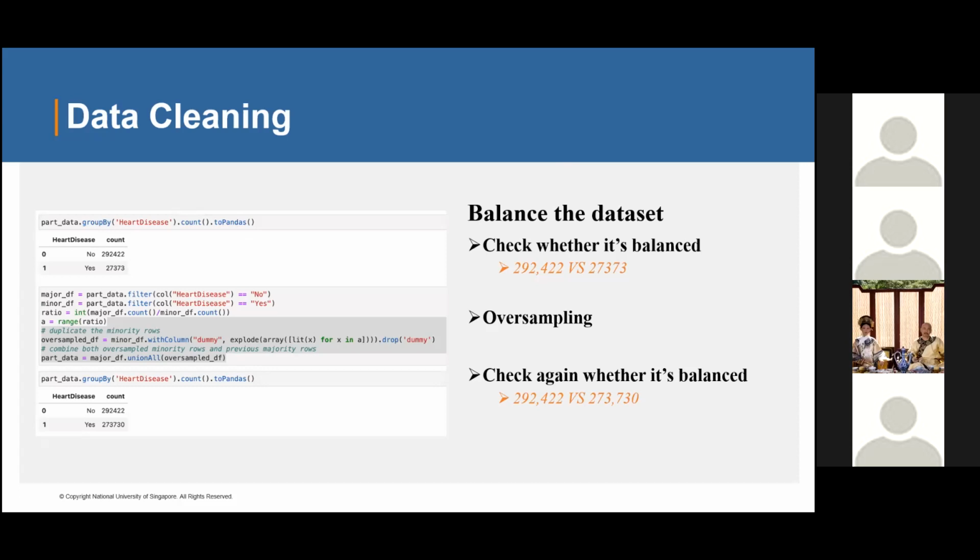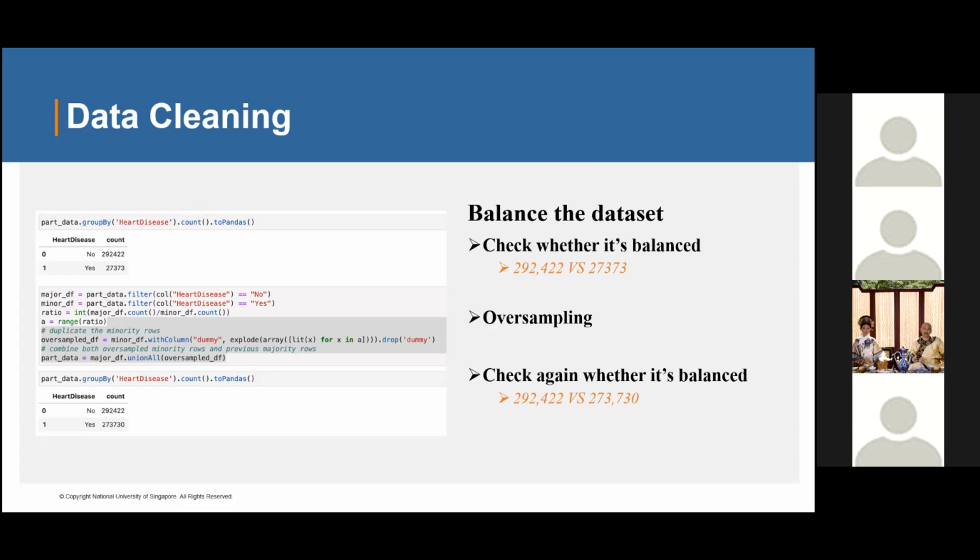So we should balance the dataset. Here, we decided to use oversampling approach. We got the ratio and duplicate the minority rows and combine both oversampled minority rows and the previous majority rows together and get the new dataset named part data, which is balanced.